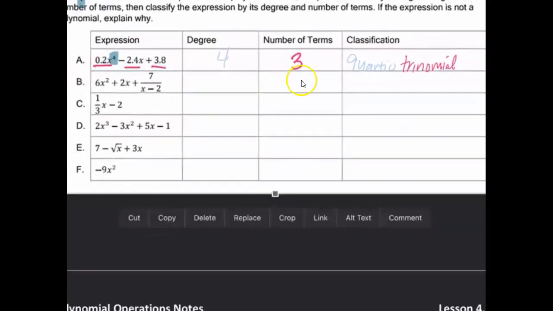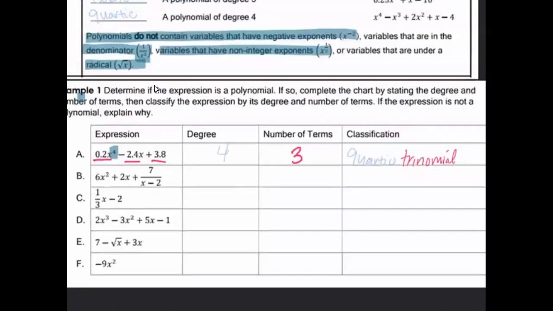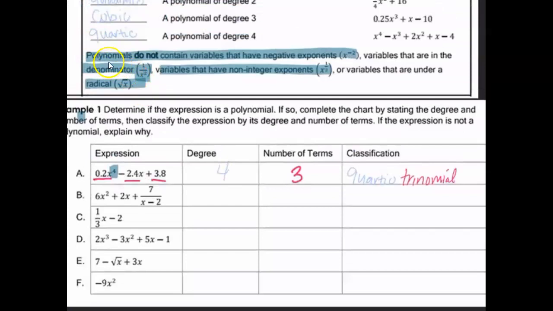And then, let's go to example B, 6x squared plus 2x plus 7 over x minus 2. Now you may say, okay, this has 3 terms and its degree is 2, but halt. Remember earlier, we made an important distinction, which is that we cannot have polynomials that have negative exponents, fractional exponents, or a radical symbol, or variables in the denominator spot.